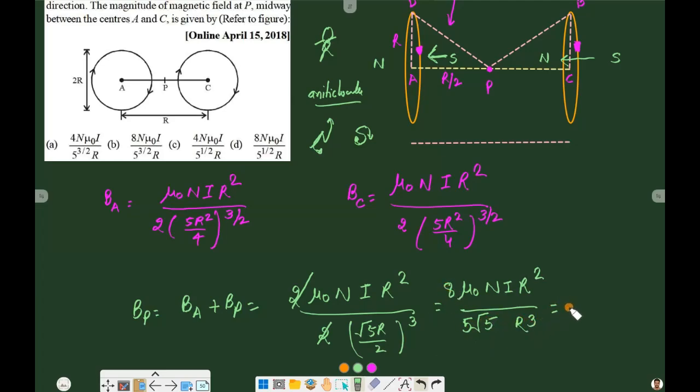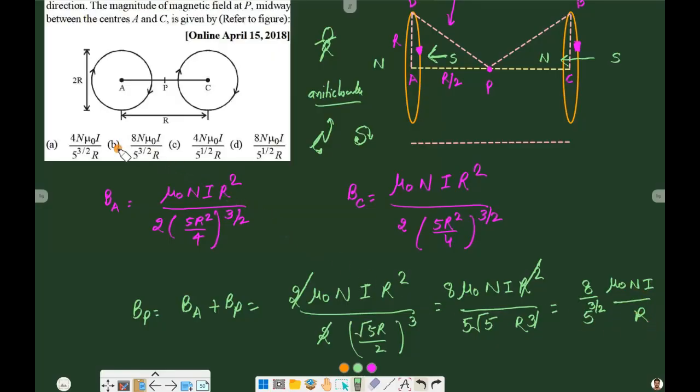So we will have 8 by 5 raised to power 3 by 2, because here we have half power of 5 and here we have 3 power, so 3 by 2, and this r square gets cancelled, mu node n I divided by r.